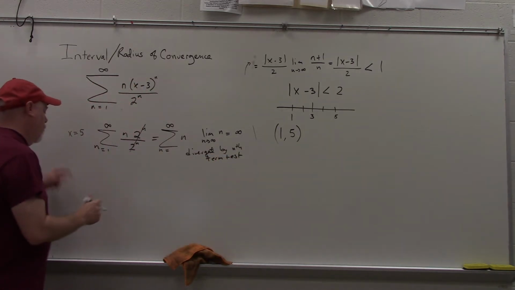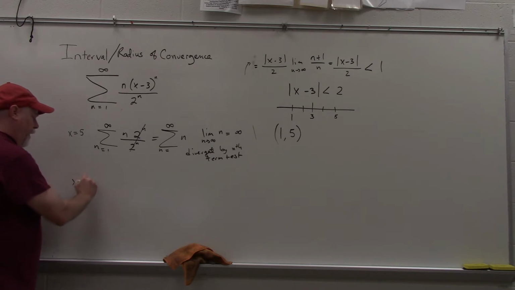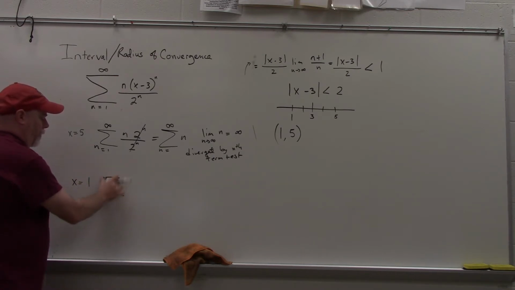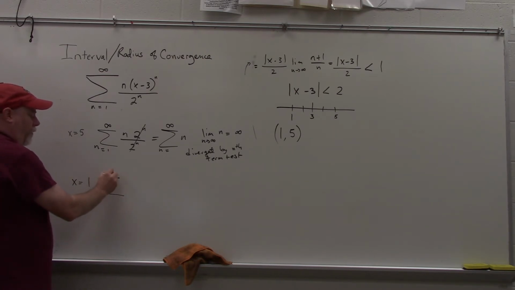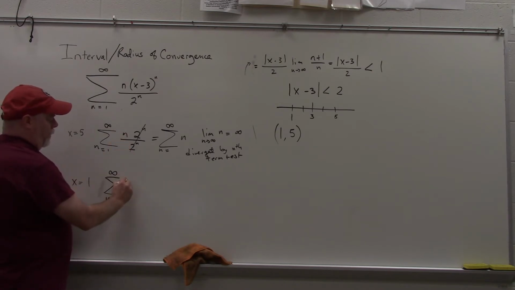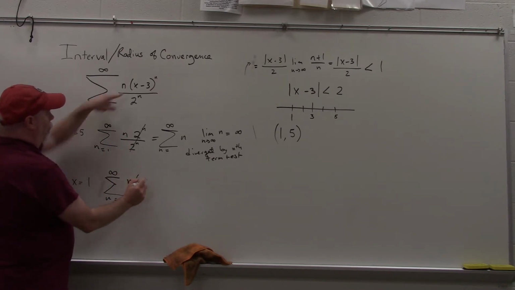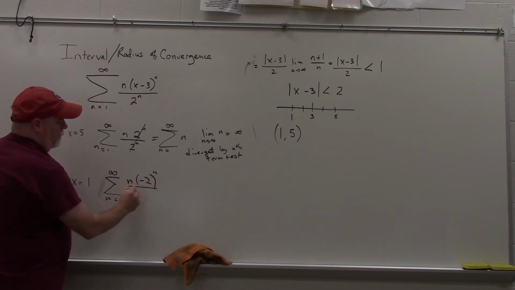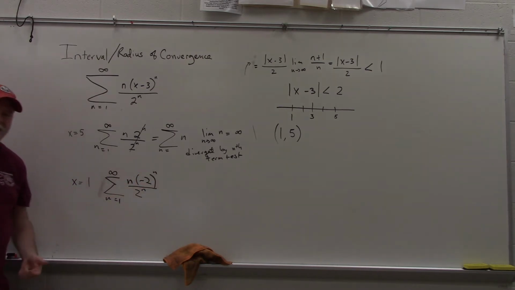Okay, when we plug in 1, so typically what happens here with these series is when you plug in one of the points, you get an alternating series. When you plug in the other one, it's not. In this case, we are going to have an alternating series here, so we're going to have 1 minus 3, which is negative 2, to the n. This is going to diverge too, same reason, more or less.